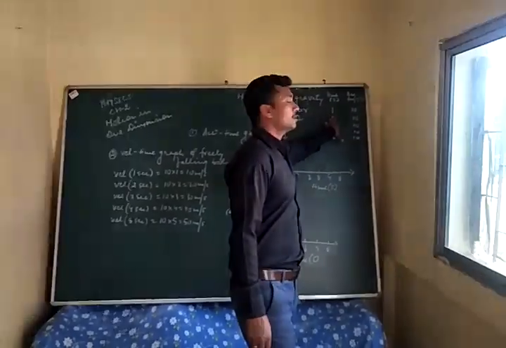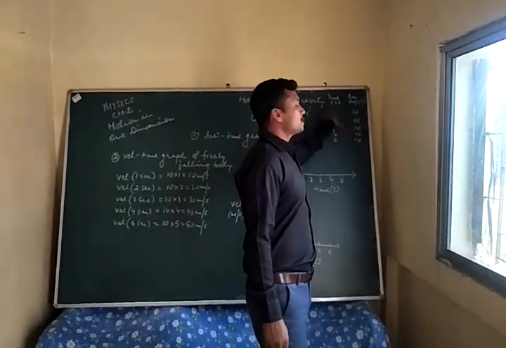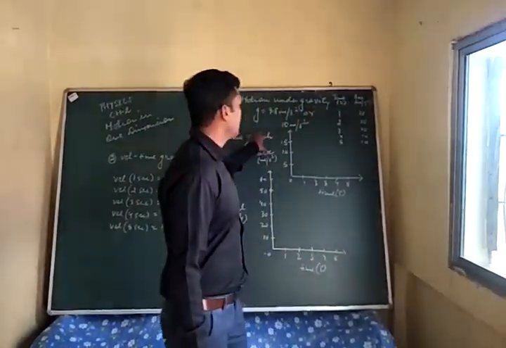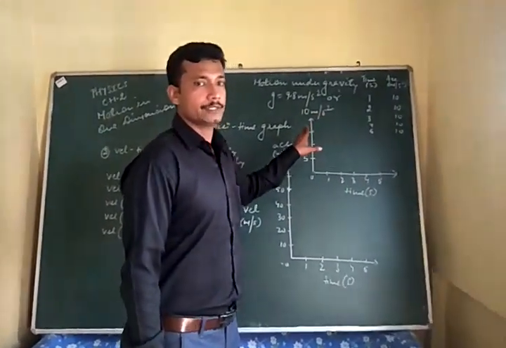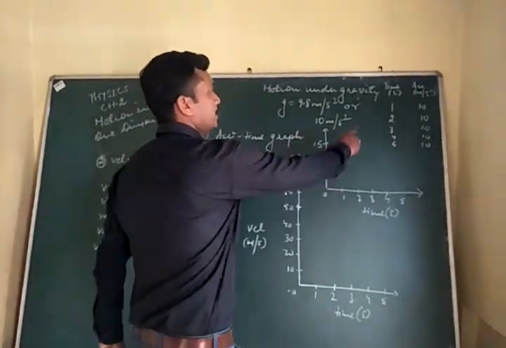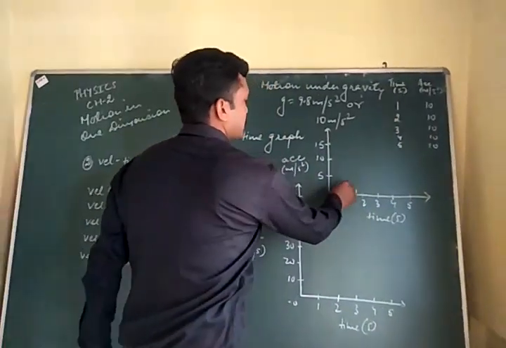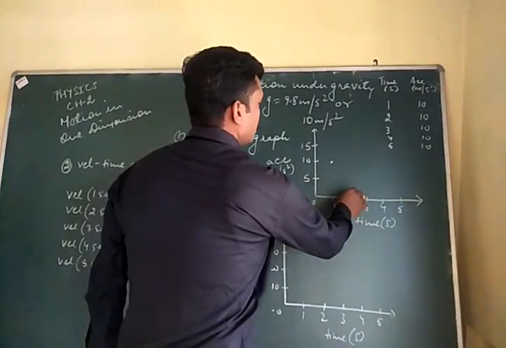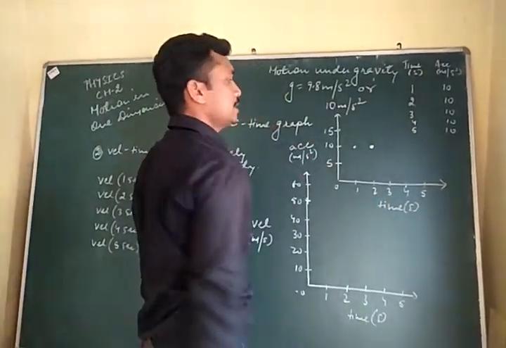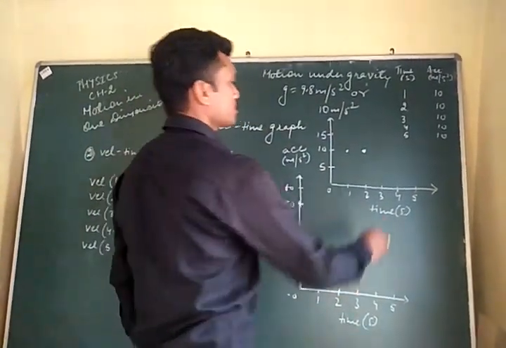Now when we plot the acceleration versus time in the acceleration time graph, let us see what kind of graph we get. So you can see after 1 second the acceleration is 10 meter per second square. After 2 seconds the acceleration is same, that is 10 meter per second square.